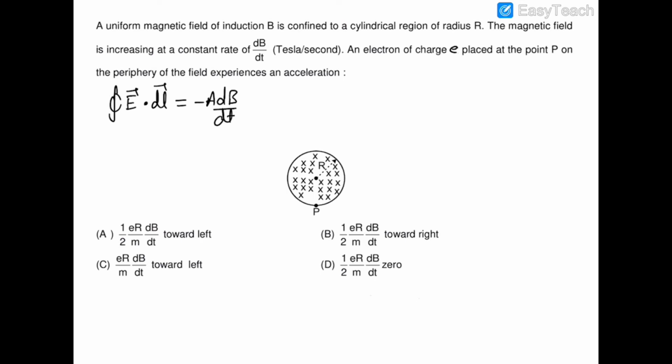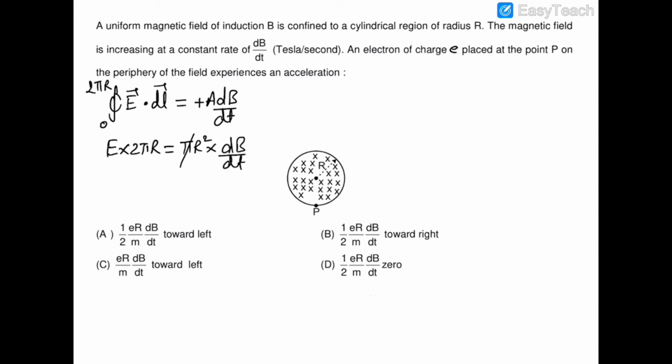Now the limit would be from 0 to 2 pi capital R, and this is E into 2 pi capital R is equal to, we can ignore this negative sign, as we are only concerned about the magnitude of the electric field. So this is pi capital R square, and the dB by dt is constant.